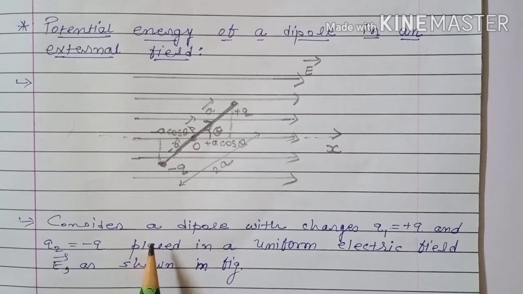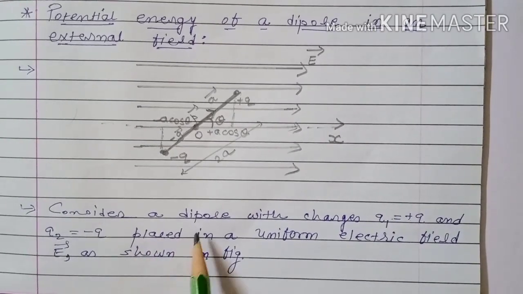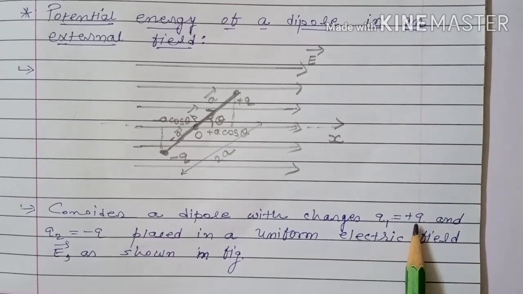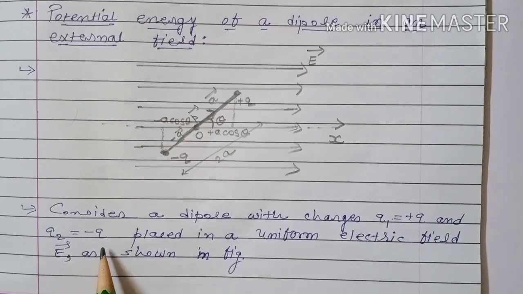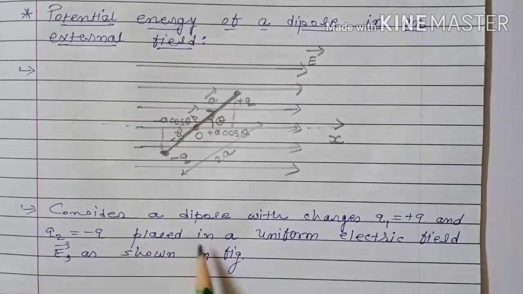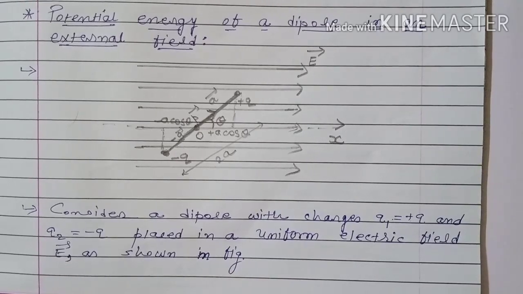So consider a dipole with charges q1 equal to plus q and q2 equal to minus q, placed in a uniform electric field E vector as shown in figure.